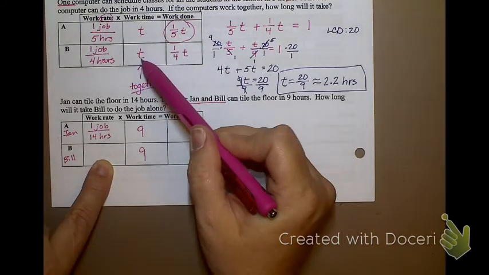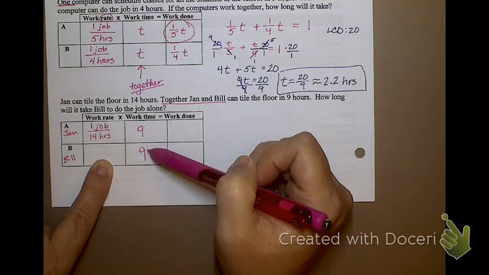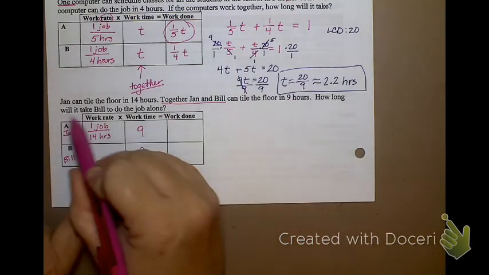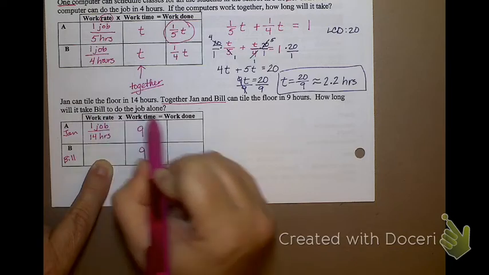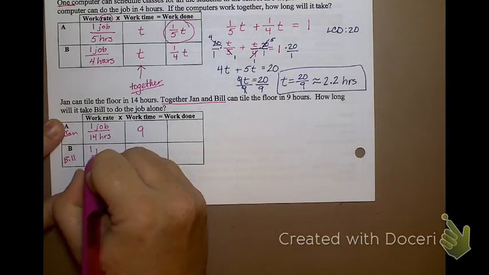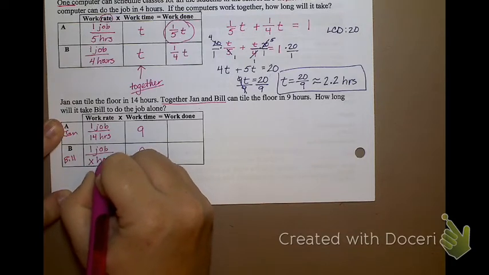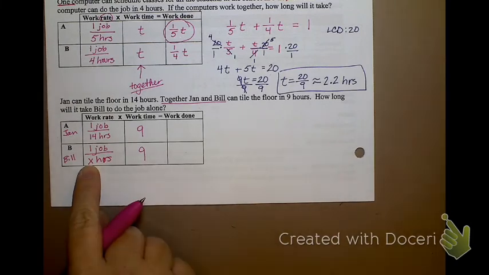Up here, it was the time together that I was trying to find. This one, I know the time together. How long will it take Bill to do the job alone? So what am I trying to find out? I'm trying to find out Bill can do one job in x hours. I don't know how many hours it takes Bill to do a job alone.